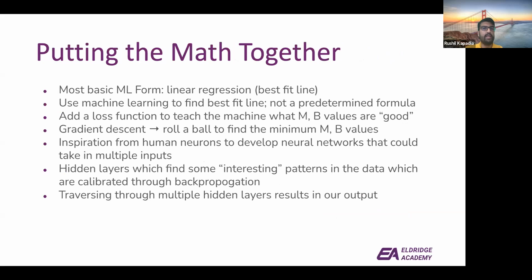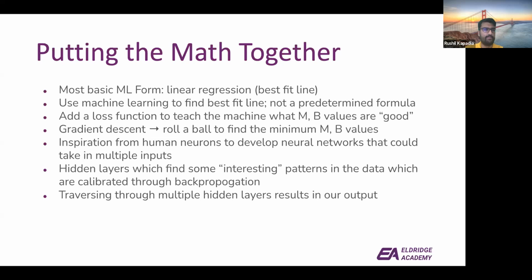So what we did is we added a loss function to teach the machine what m and b values are good, right? What determines good, what determines bad. Next, we found gradient descent, which helps us roll a ball to find the minimum m and b values. So again, a machine cannot just know what's a minimum value of a loss function. It needs to find it. And to find it, we roll a ball.